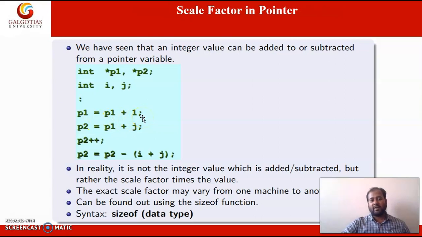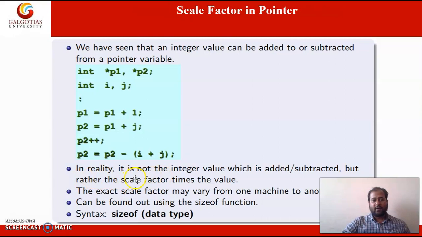This is valid since we are adding a constant, so it will point to the next memory location for the int variable. P2 equals P1 plus j is also valid. P2 equals P2 minus i plus j. These are perfectly valid expressions in the C language.